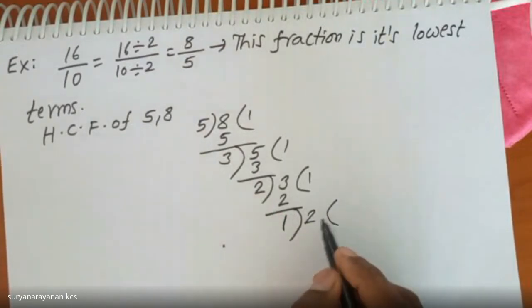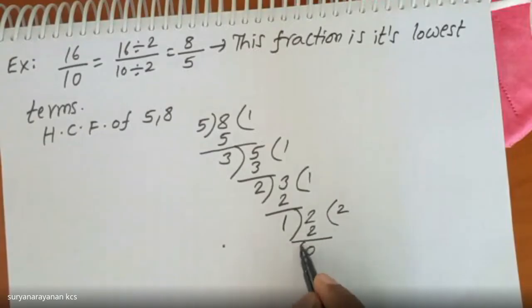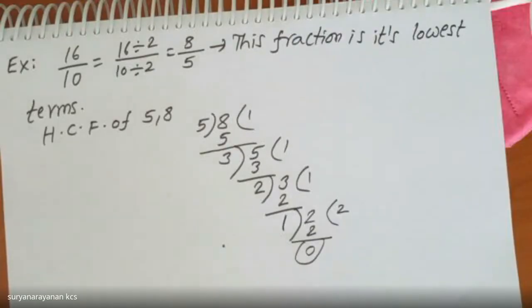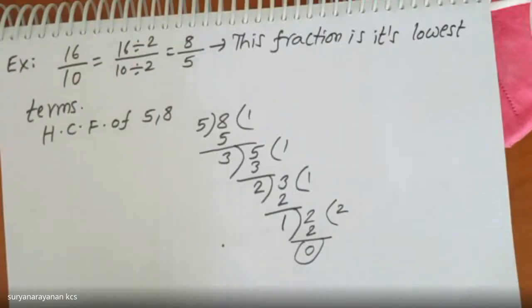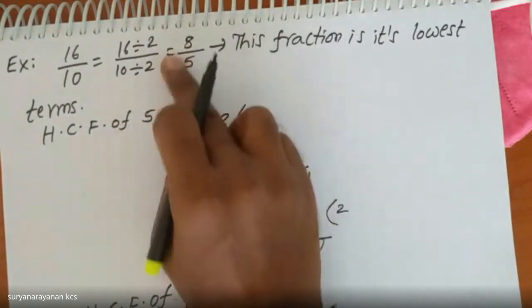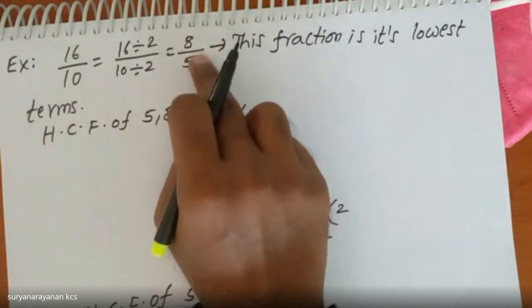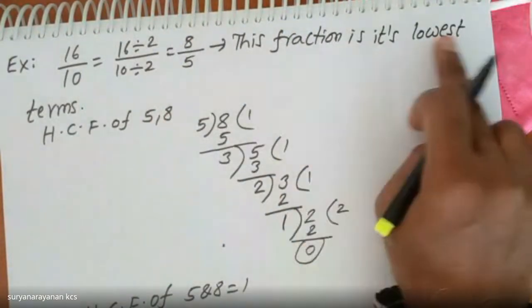How many times does 2 go in 3? 1 time. What is the remainder here? 1. So we take this remainder as the new divisor. The previous divisor is 2. How many times does 1 go in 2? 2 times. What is the remainder here? 0. So what is the last divisor in this long process? 1. So the HCF of 5 and 8 is equal to 1. That is why this fraction 5 by 8 is said to be in its lowest terms.